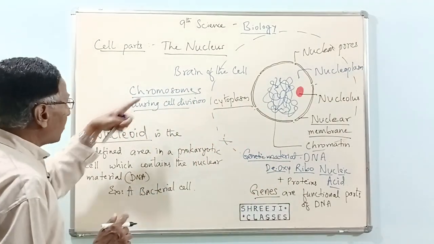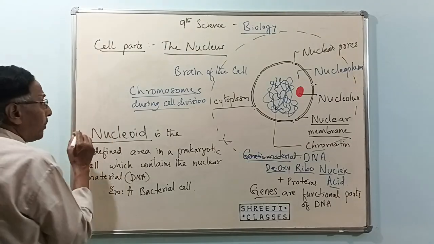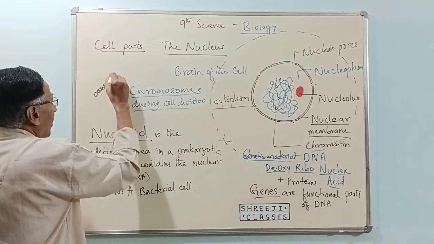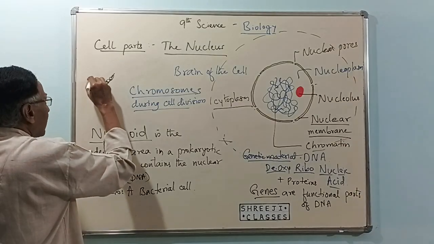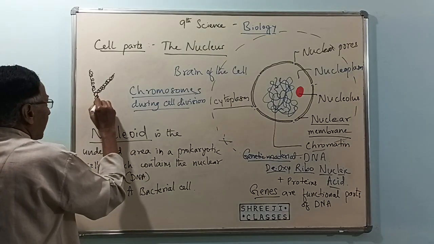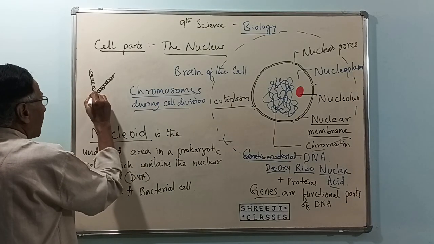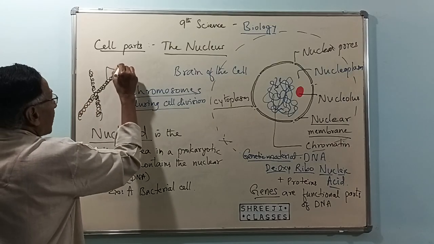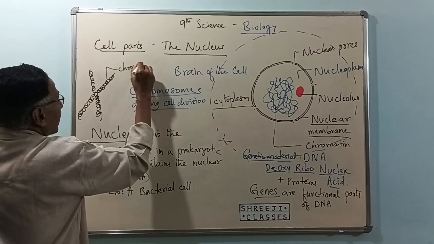You can count the number of chromosomes. Each chromosome is made up of two parallel strands which are called chromatids.